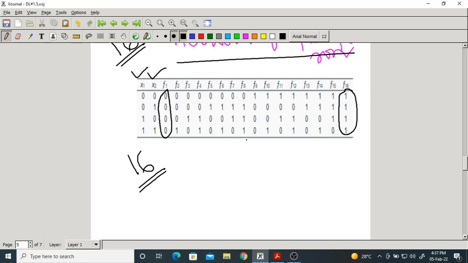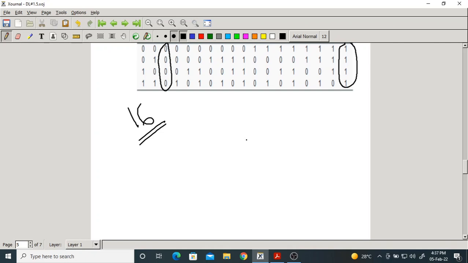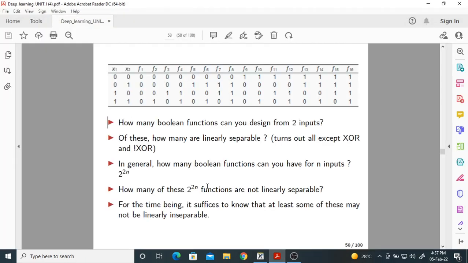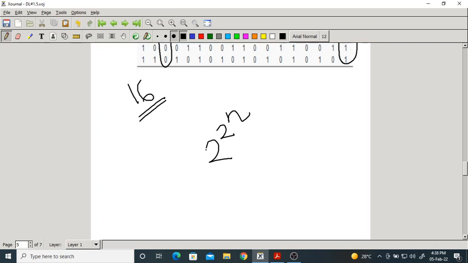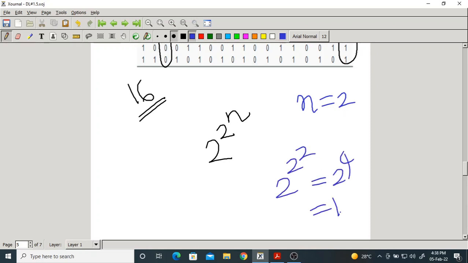These are all possible Boolean functions with two inputs, which means with n inputs, how many can you find? 2 power 2 power n. In general, with n inputs you can generate these many Boolean functions. If n equals 2, 2 power 2 is 4, and 2 power 4 is 16.